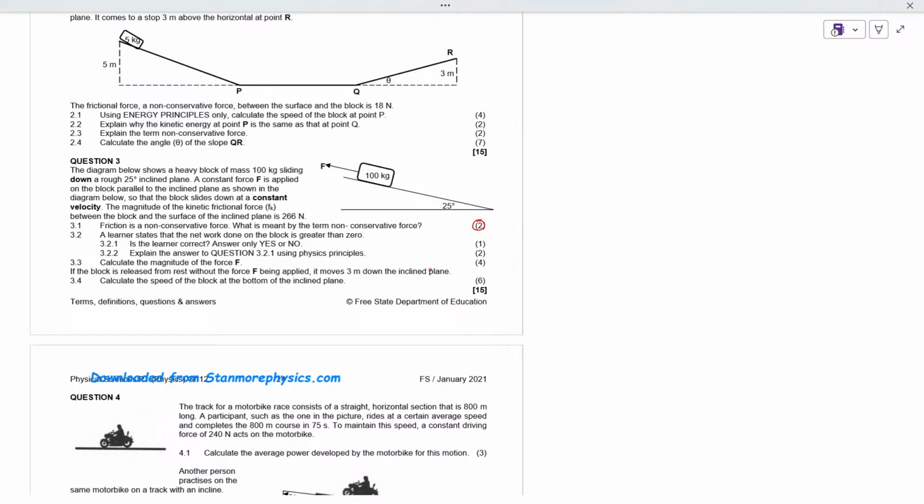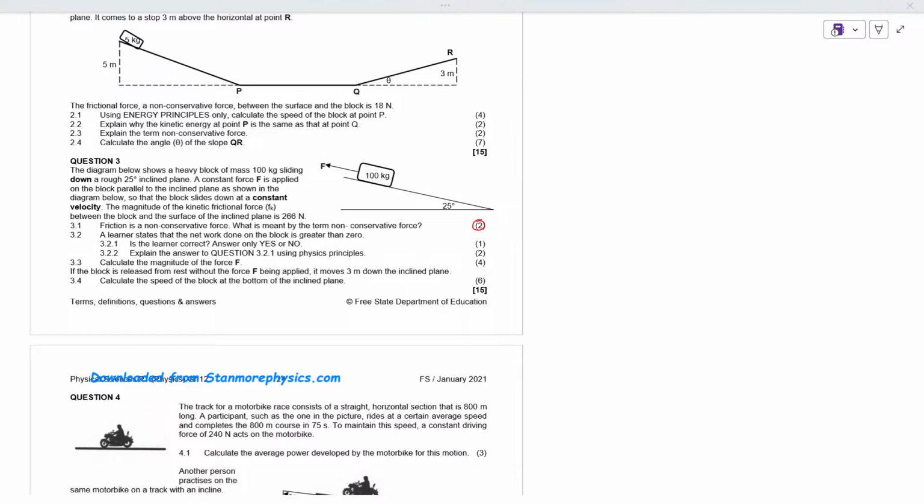The learner states that the net work done on the object is greater than zero. Is the learner correct or not correct? Why would you say they are not correct?